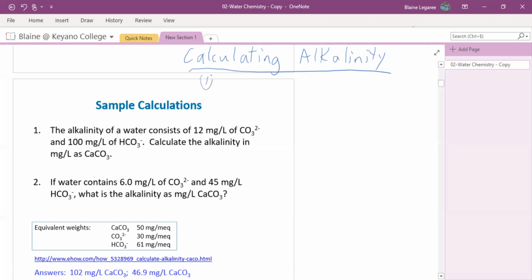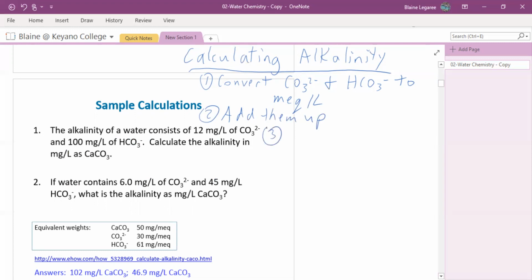Step number 1: we convert our carbonate, CO3 2-, and bicarbonate concentrations to milliequivalent per liter. Step number 2 is we add them up. And step number 3, we convert to milligrams per liter calcium carbonate.